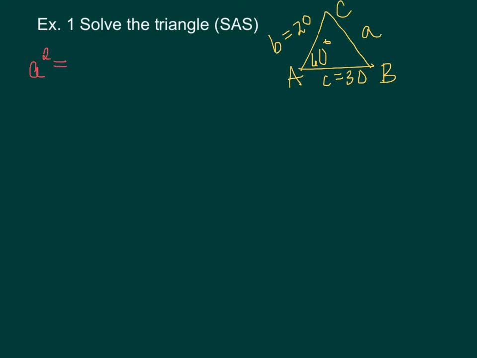And you just set everything up. It doesn't matter which one you do first, really. So we have 20 squared plus 30 squared minus 2 times those two sides times cosine of the angle.